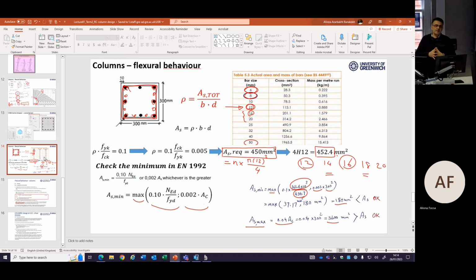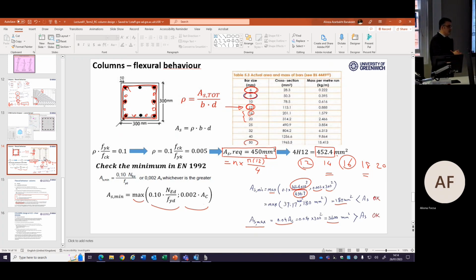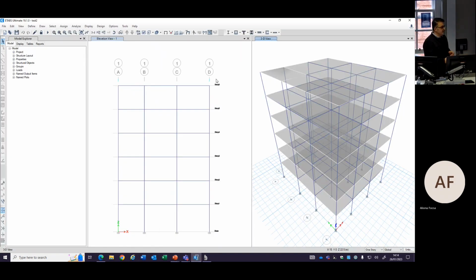Well, if you remember for your coursework, one part was left for this term, which was about columns, right? It's this one. So I'm going to tell you how we can deal with this in ETABS, okay?